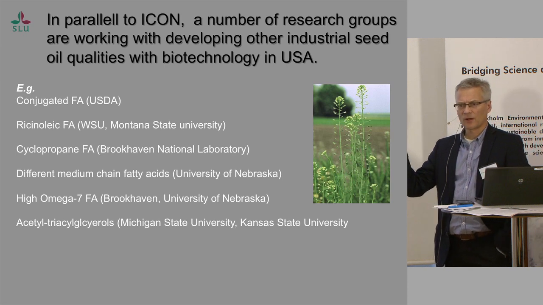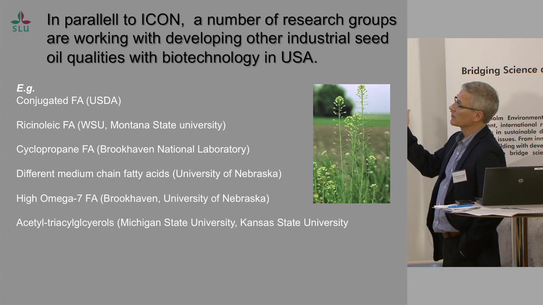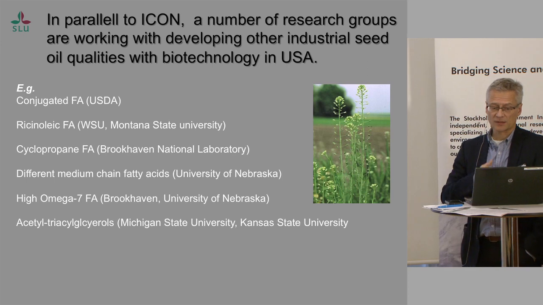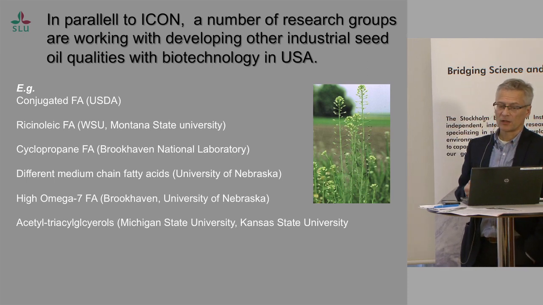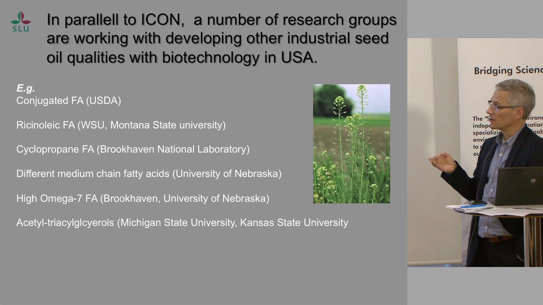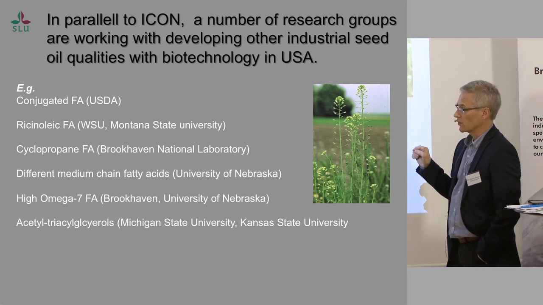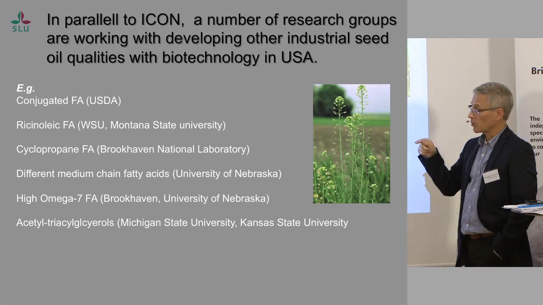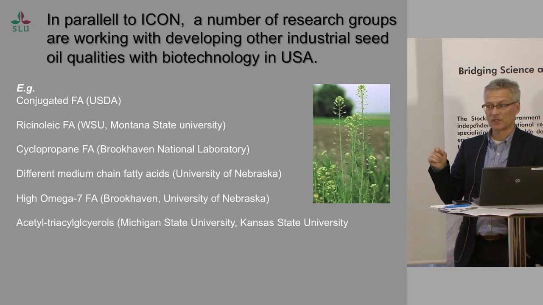At the same time, there are other groups connected to this project, to this network, that are growing and working with other oil qualities that are also interesting as feedstock in the industry.